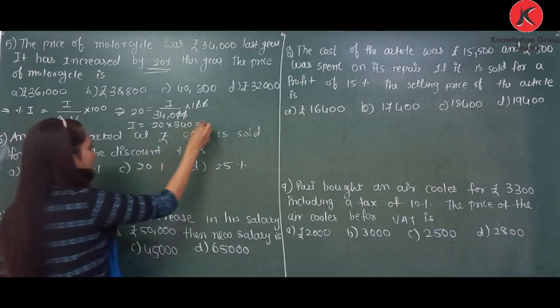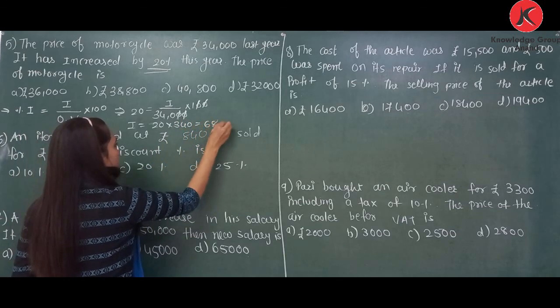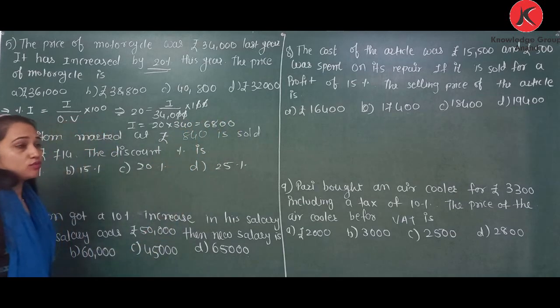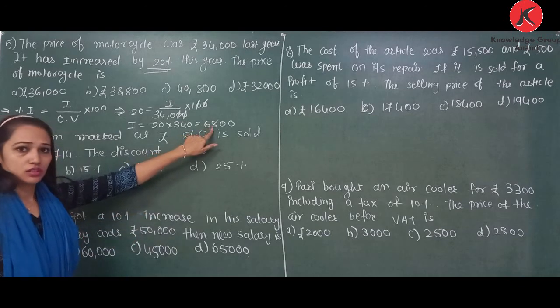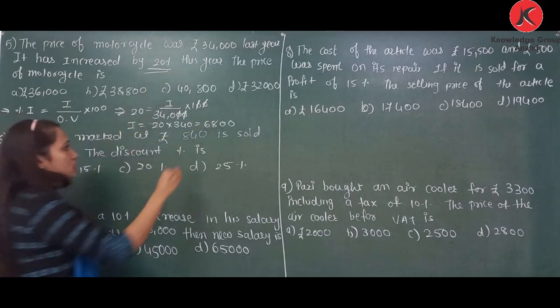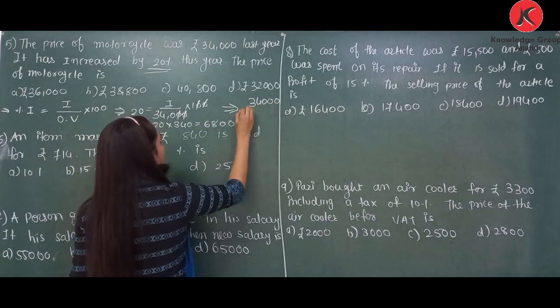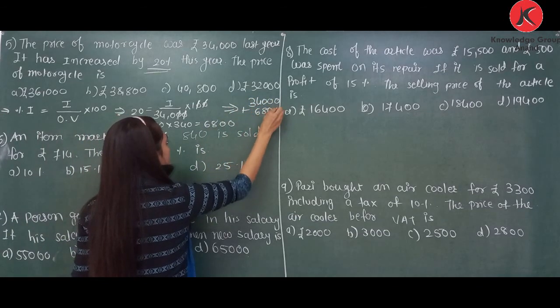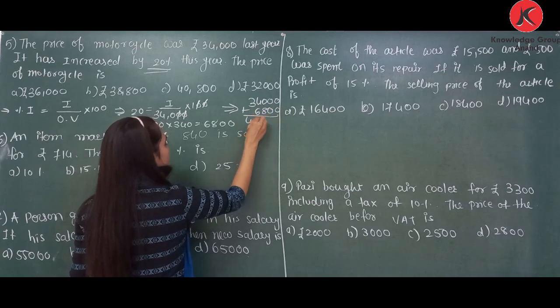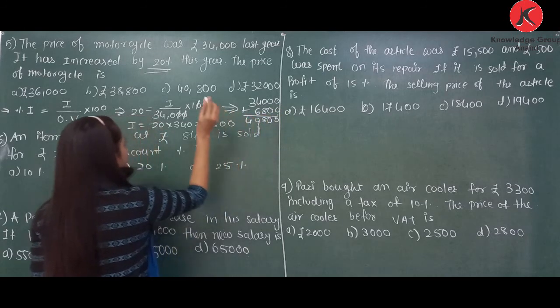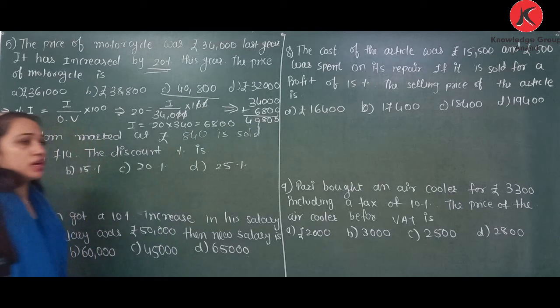So we will get 6,800. Now this is the increase. So after increase, the value will be 34,000 plus 6,800. So that is 40,800. So our answer is 40,800.